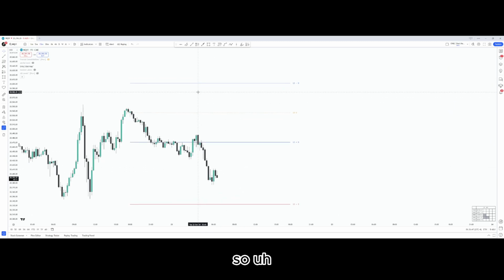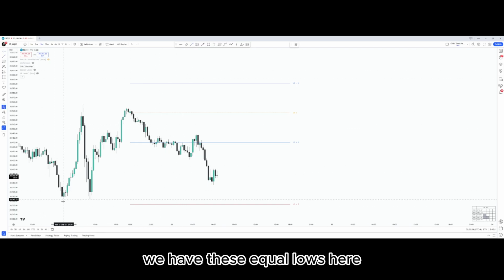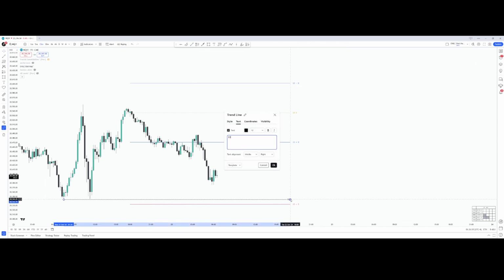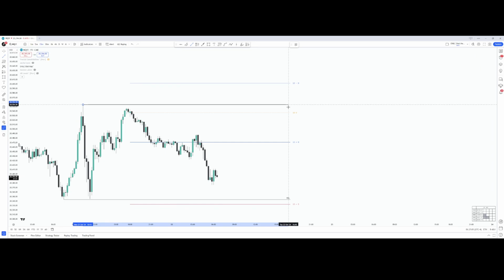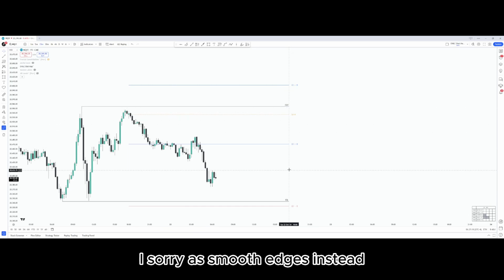So looking at where price might be going, we have these equal lows here, and these equal highs here. Okay, why I don't mark this as smooth edges.